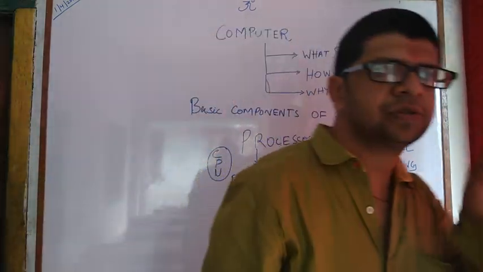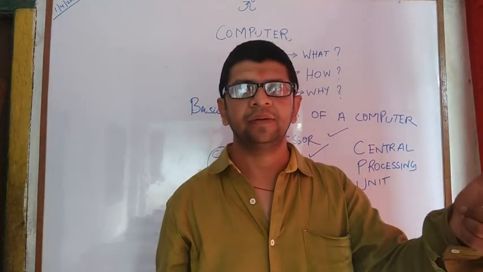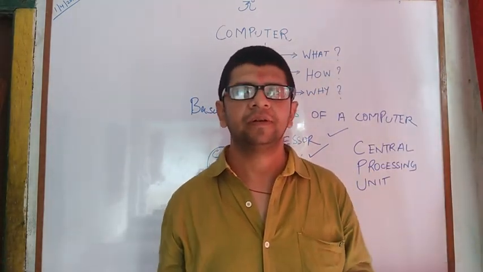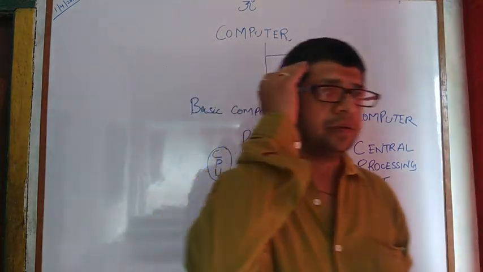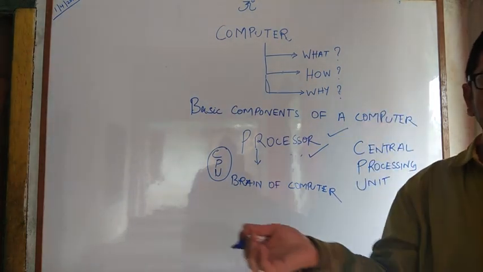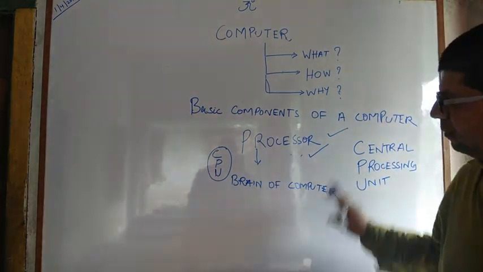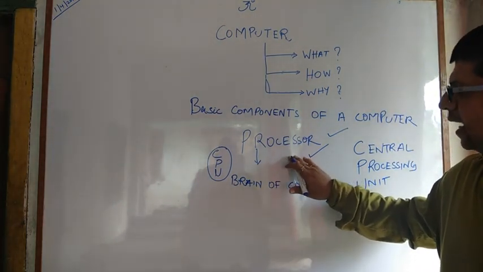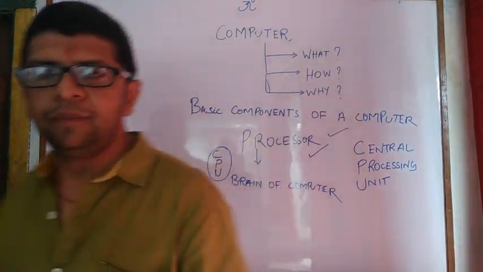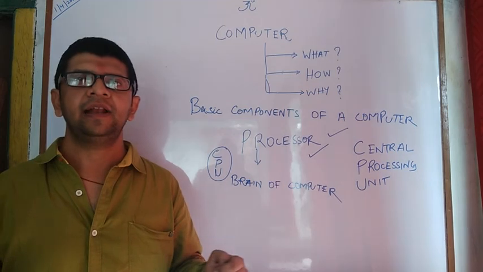All computers, however small or big, have a computer brain without which it cannot function. As our brain is one of the most important parts of our body, without which we cannot function, similarly, the brain of the computer or processor is an indispensable part of the computer, without which it cannot function.